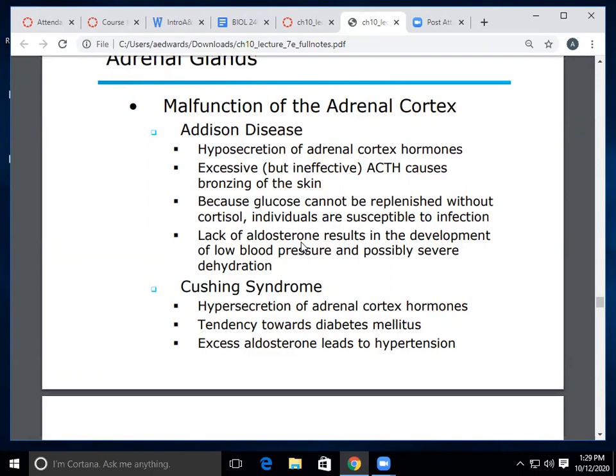Okay, it causes what we call bronzing of the skin. And because the glucose can't be replenished without any cortisol, individuals get susceptible to getting different infections. All right, and because they have low secretion of adrenal cortex hormones, you get lack of aldosterone. Okay, you get low blood pressure, dehydration.